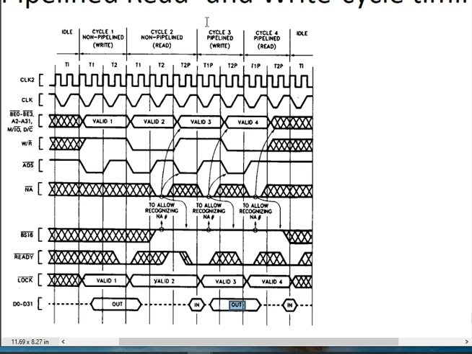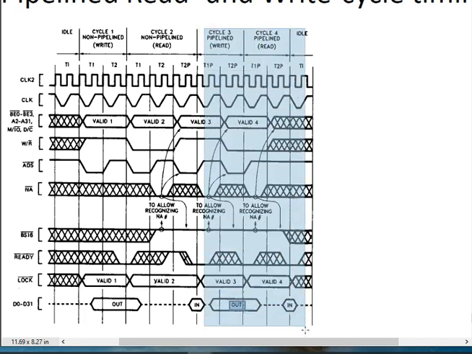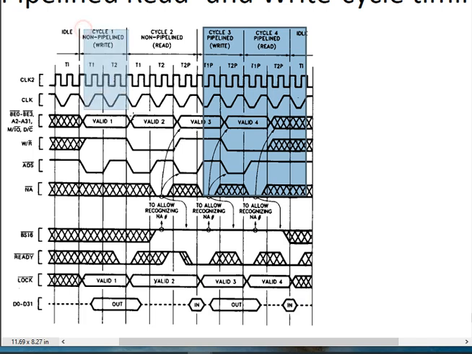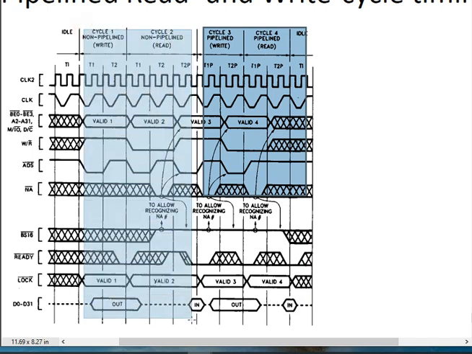So these two operations are pipeline operations. Here the data for the previous operation will be put in the next T2 state. So this is the pipeline read and write cycle, and these two are the non-pipeline read and write cycles. Whatever data is there goes on sequentially. So this is for non-pipeline.